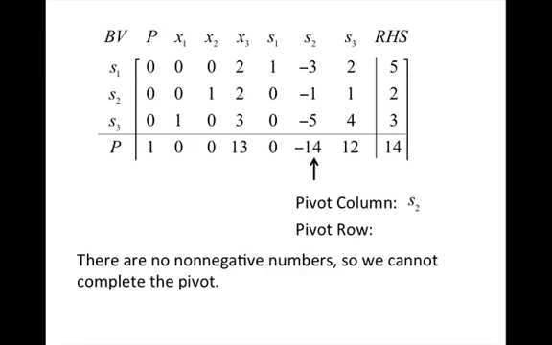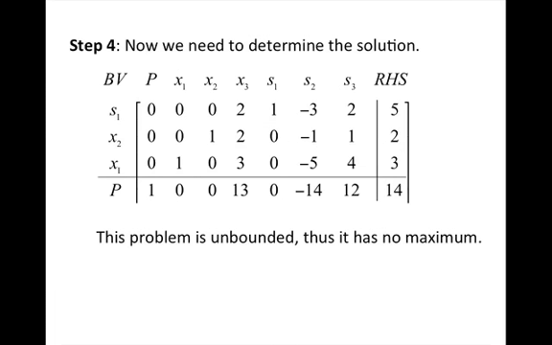So I don't have any quotients that are not negative. Because I don't have a non-negative quotient, I can't complete this pivot. Since I can't complete this pivot, the problem is unbounded and it has no maximum. So when you're given the final solution, you say the problem has no solution, or just simply write no solution.